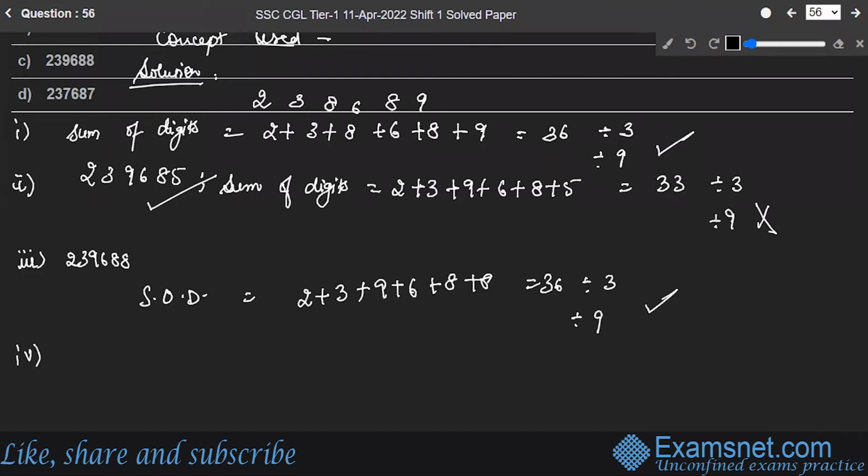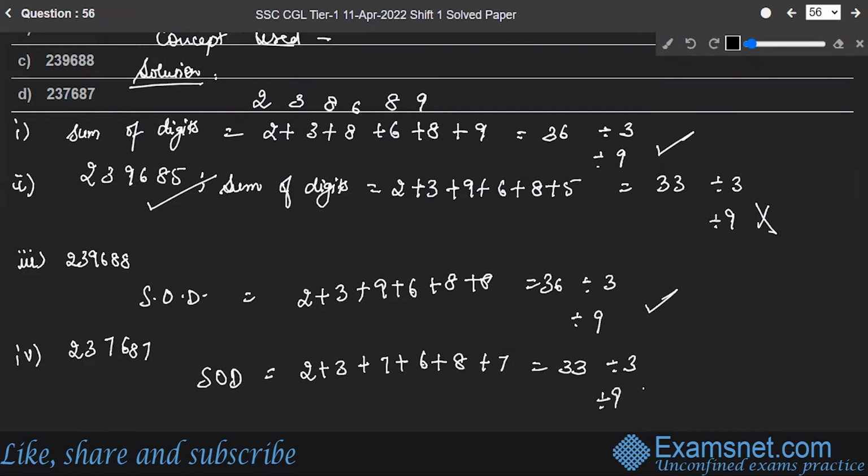Fourth one, it's 237687. The sum of digits in this case is 2 plus 3 plus 7 plus 6 plus 8 plus 7, which is equal to 33. So this 33 is divisible by 3, but not divisible by 9.